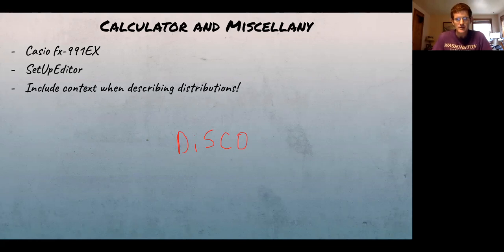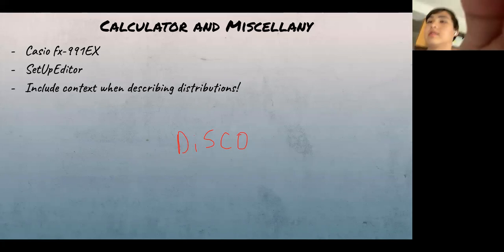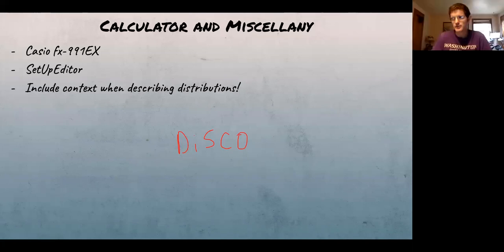If I start describing it, I want to say the distribution of average drive distance of PGA golfers is unimodal and symmetric. It has an interquartile range of this. I can describe all the different characteristics, but you want to make sure that you are describing the context. Don't just say, this distribution is unimodal symmetric.